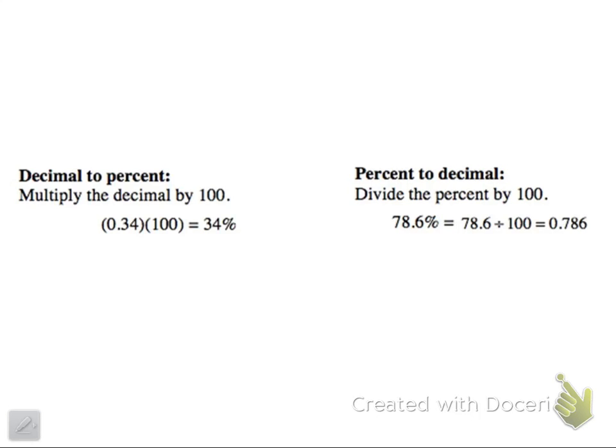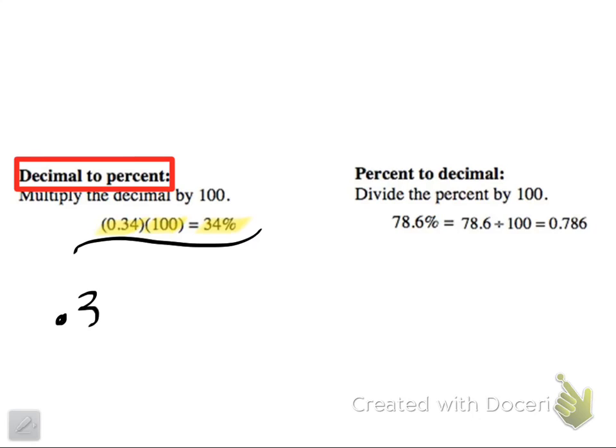Starting with decimal to a percent. How do we make a decimal into a percent to show that it's the same thing? The example here helps us out quite a bit. We take a decimal, in this case 0.34. We multiply that decimal by 100, and we end up getting 34%. Some of you might notice that this is the exact same thing as moving the decimal over 2 spots.